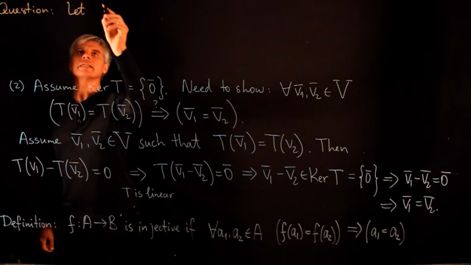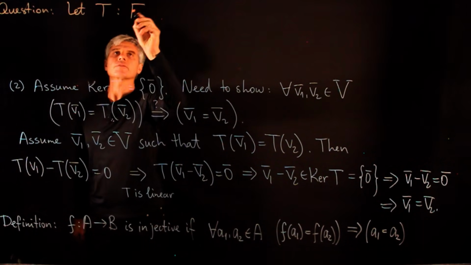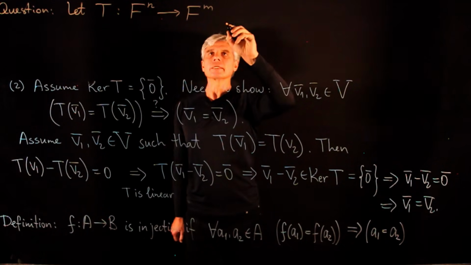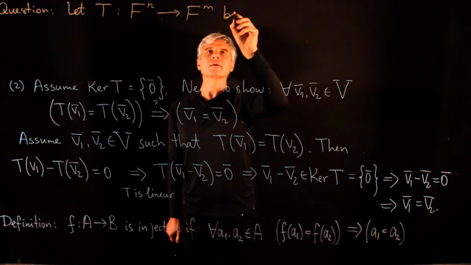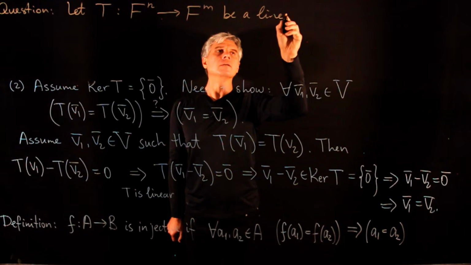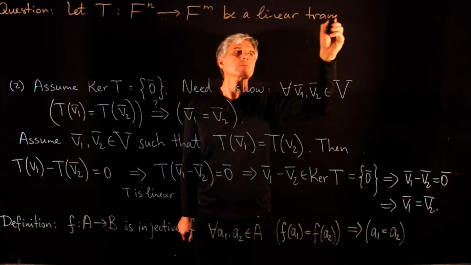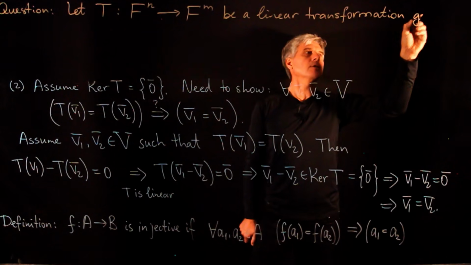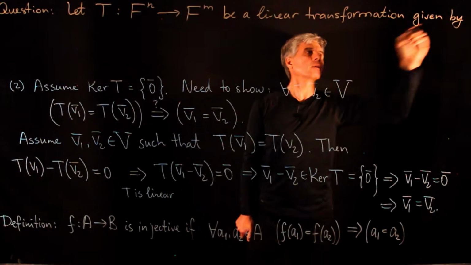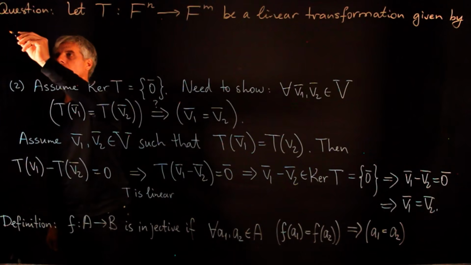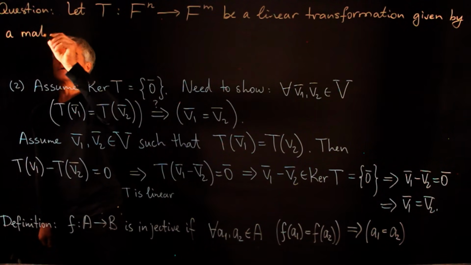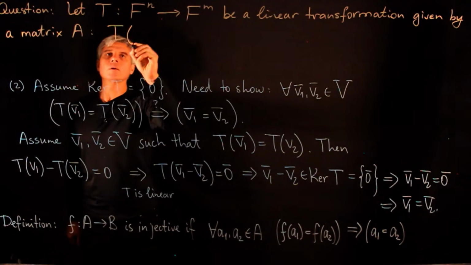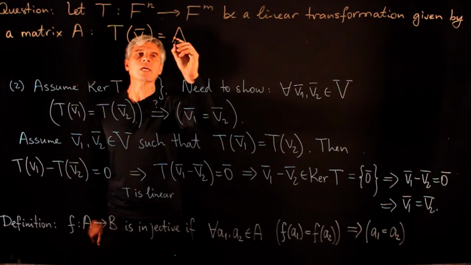Let T be a linear transformation from F^n to F^m given by matrix A. So this means that T of v is equal to A times v.